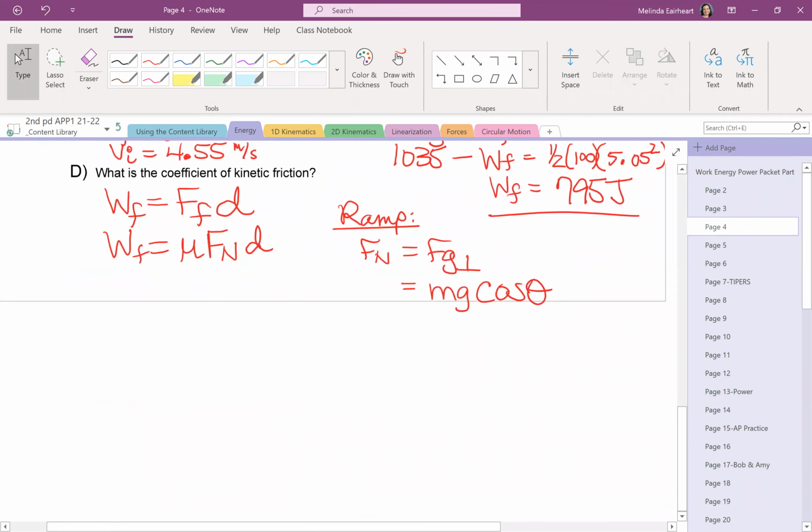And so let's go ahead and find Fn. The mass is 100, gravity's 10, cosine 15.